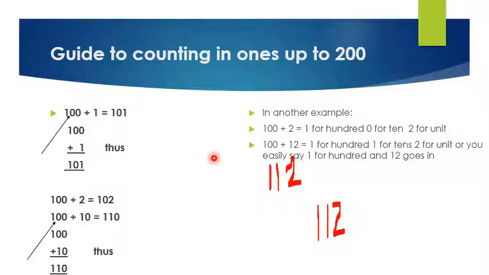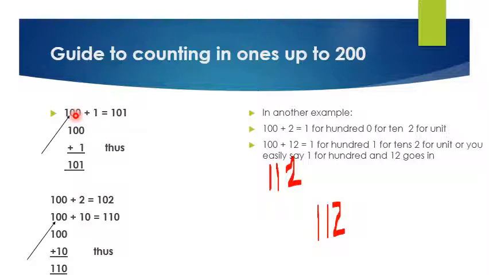What we are viewing now is our guide to counting in ones up to 200. You have counted in ones from 1 to 100 previous day, and you all did well. I believe so. And now let's look at how we count continuously from 100 to 200. We have 100, right?